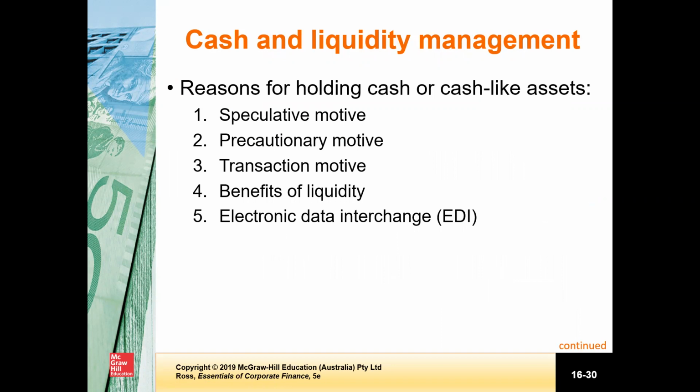Let's start our understanding of the chapter by looking at how firms manage liquidity in the form of cash and cash-like assets, such as short-term marketable securities. The basic objective in liquidity management is to keep the investment in cash and cash-like assets as low as possible while still operating the firm's activities efficiently and effectively.